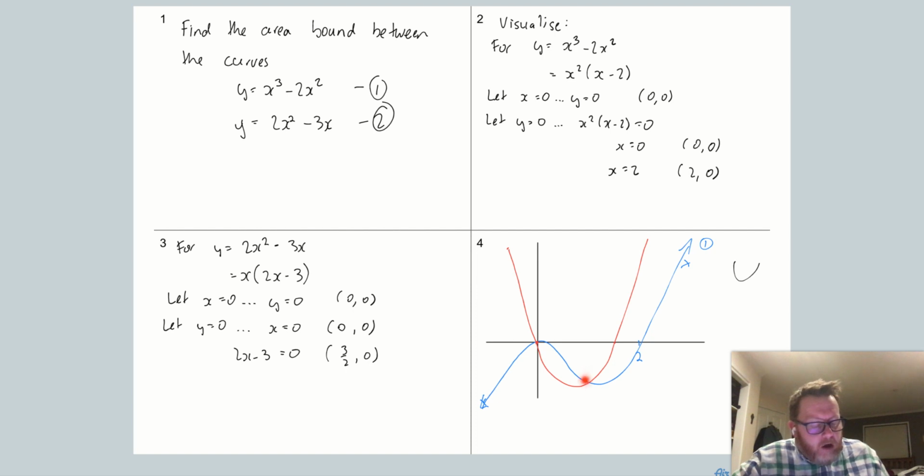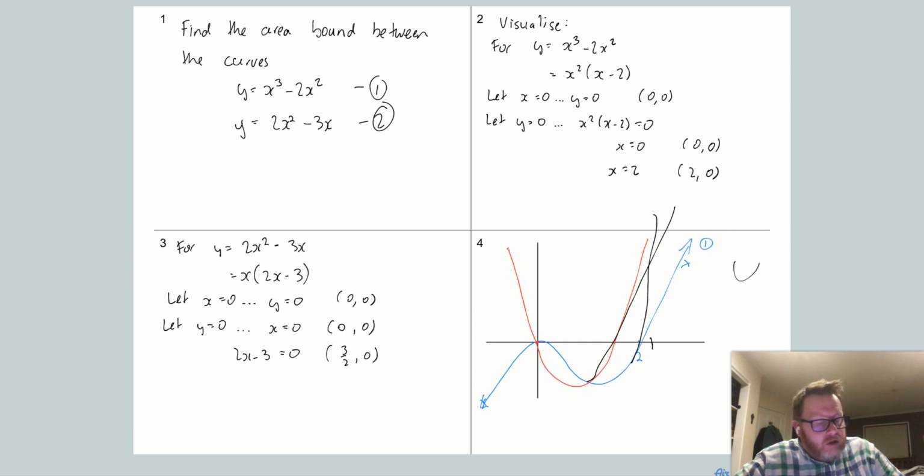If you have a look at it, I've made this way too steep and this not steep enough. So there's no need to redraw it at this stage, but just for the sake of it, this probably needed to go up like that. This probably needed to be shallower to be like that. And there's probably a value up here somewhere where there's a point of intersection. Okay, so I haven't quite captured that.